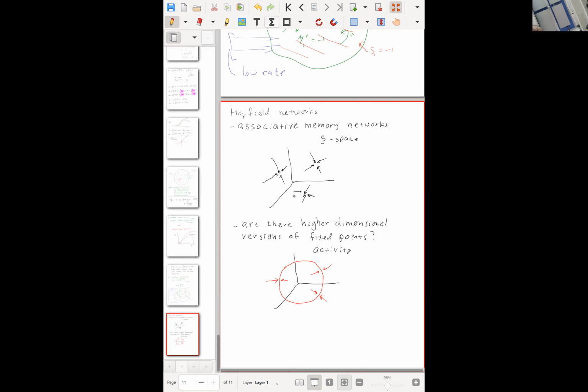But now, where you are on the line attractor gives additional information. And it's analog information.